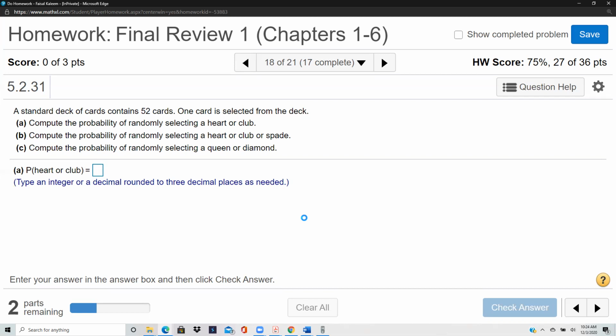Is it the numbers that there are 4? No, there are 4 suits: hearts, clubs, diamonds, and spades, isn't it? Yeah. And there are 13 of each. So hearts is one of those. So we agree there are 13 hearts.